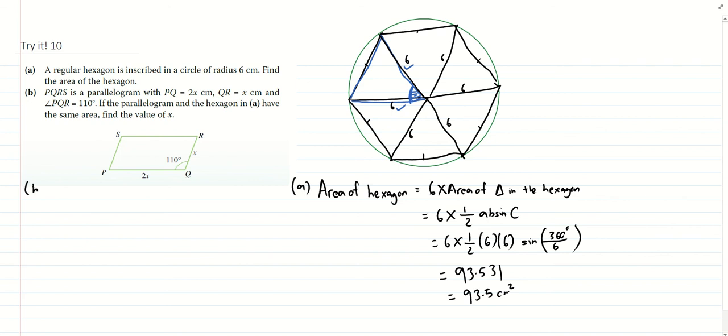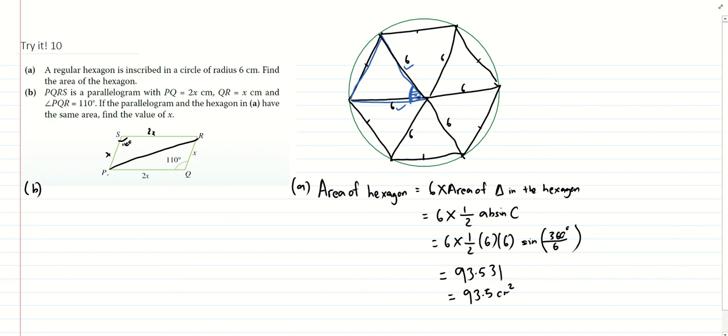The parallelogram PQRS with PQ equals to 2x, QR equals to x, and angle PQR equals to 110 degrees. If the parallelogram and the hexagon in part A have the same area, find the value of x. So in this case, we realize again, we can actually divide the parallelogram into two equal triangles. Okay, how do you know they are congruent? Because of the fact that these two lengths are equal, 2x and 2x, x and x, and 110 degrees and 110 degrees.